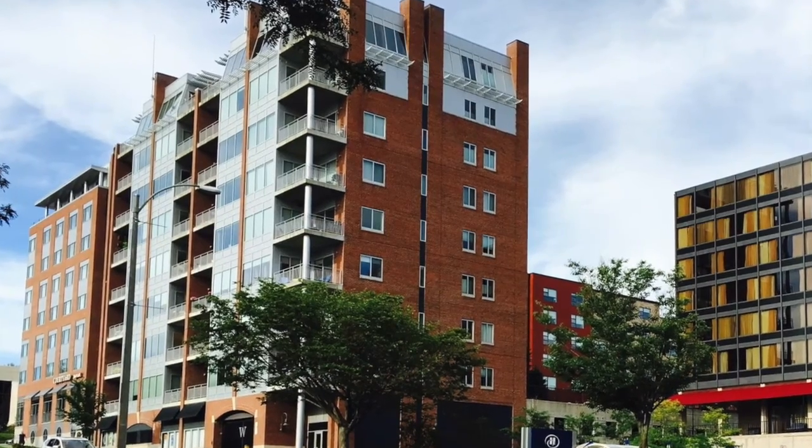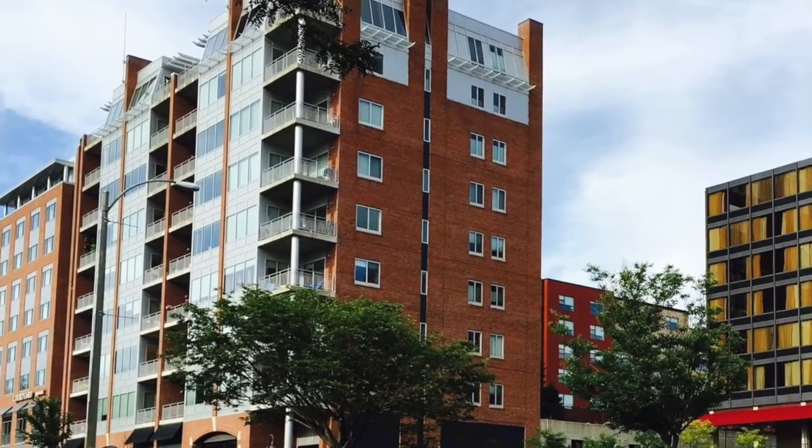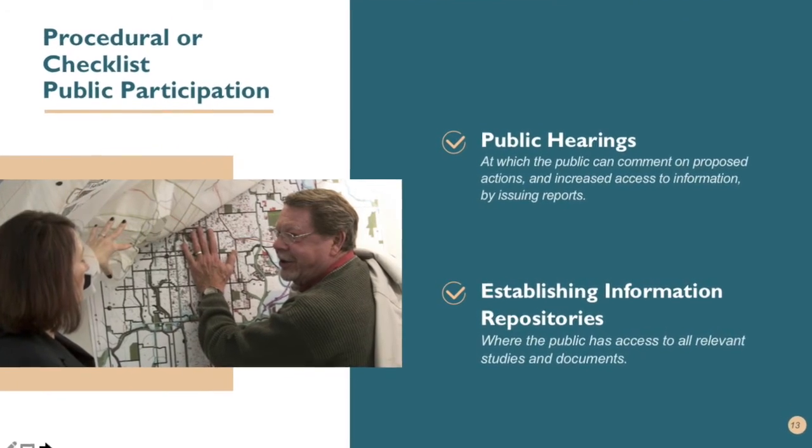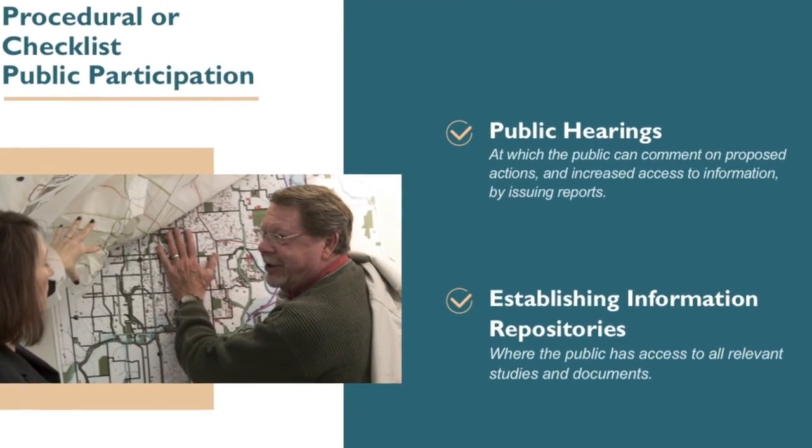For example, if you have an application and it follows all the rules, maybe you can do that as staff. But if they want some exception, then it will go to the public hearing, and that's more like procedural participation. He calls it checklist public participation because basically you do A, B, and C, and then you go through these motions.